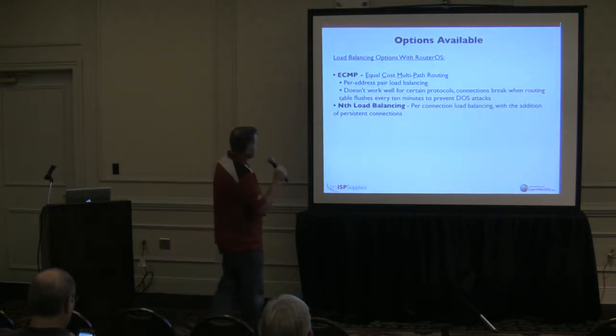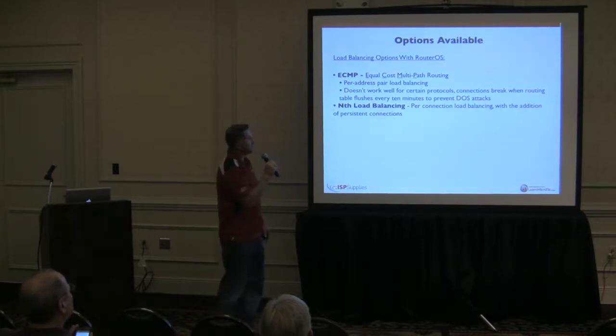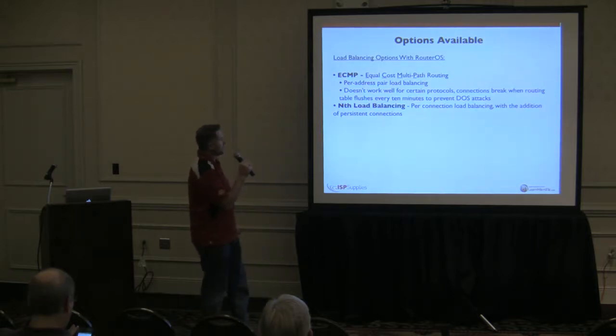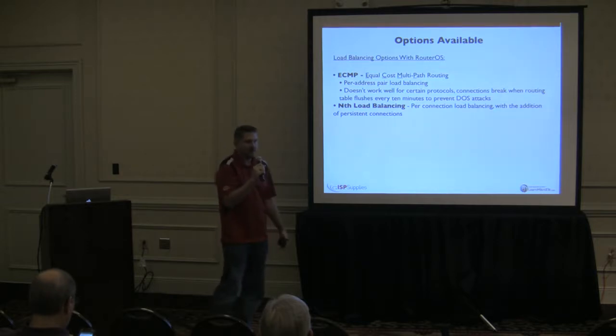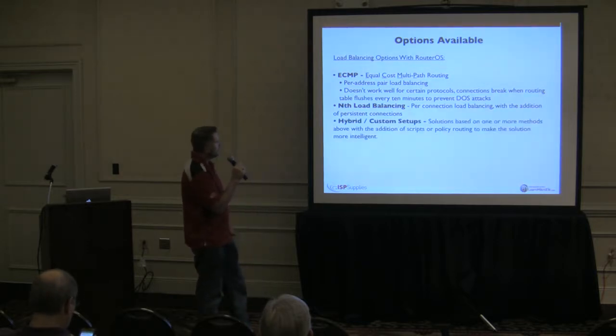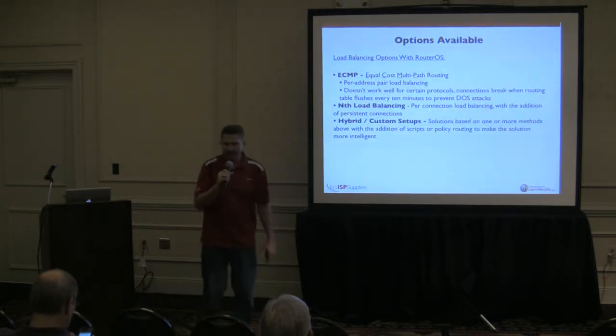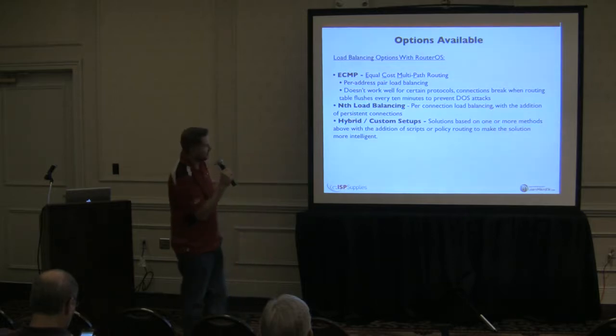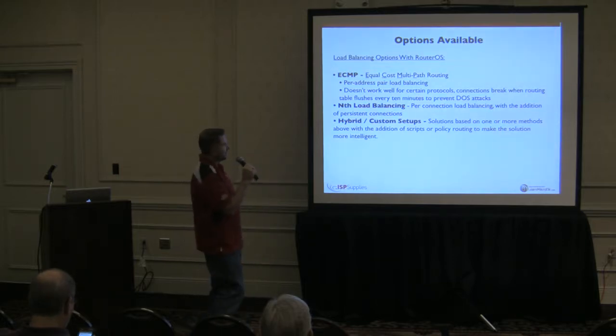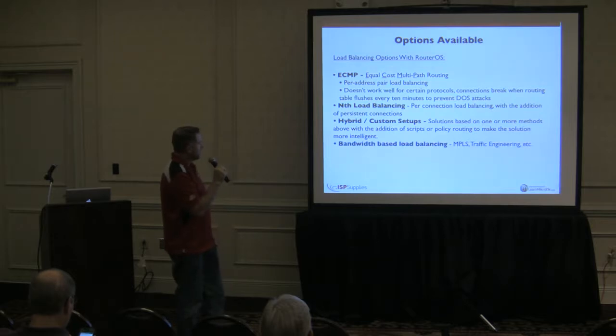One of the answers to that is something called nth load balancing, which is a per connection load balancing with the addition of persistent connections, which helps solve some of those problems. I also saw a lot of different hybrid or custom scripting solutions that involve several of these different methods.